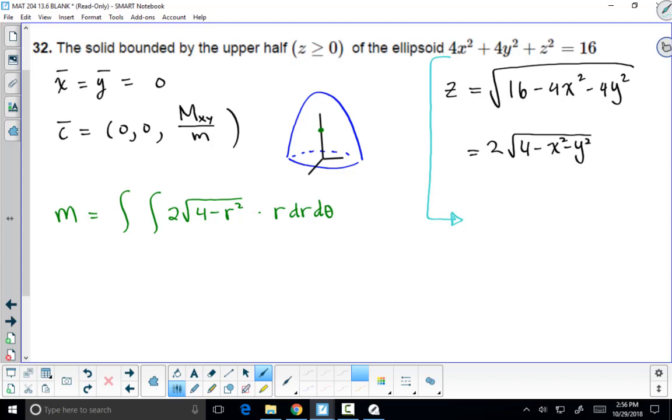So we plug that in, and we see that we get x squared plus y squared equals 4. So that's a circle of radius 2. So our limits are going to be 0 to 2 for r. So that's in the xy plane. And theta, of course, 0 to 2 pi. That one's not so bad.